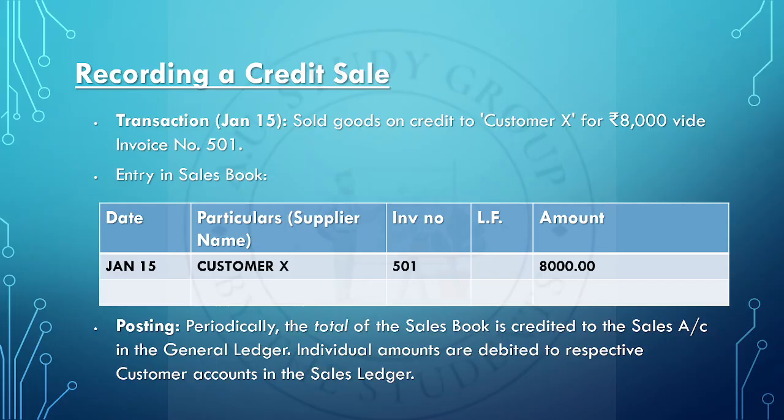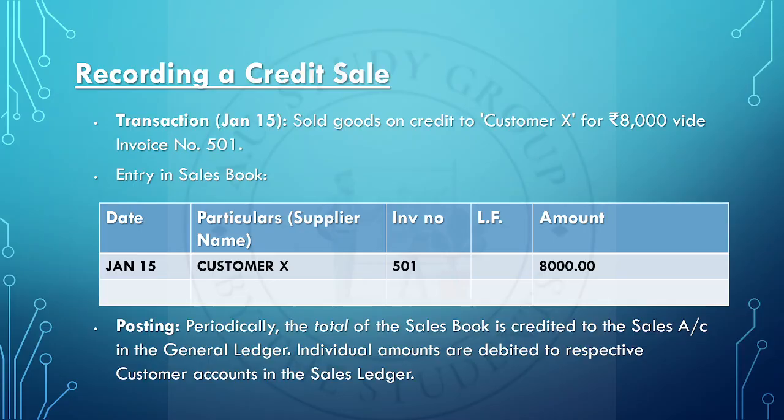Now periodically the total of the sales book is credited. In a day, we write only one entry in the ledger. For example, today we made say 5 credit sales, and the total amount of sales is say 50,000.